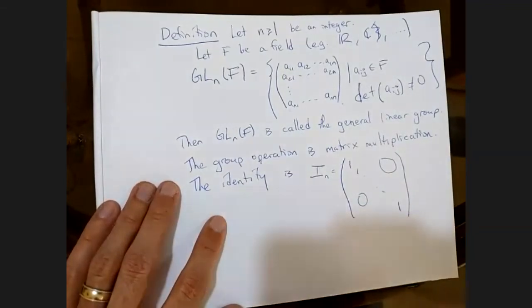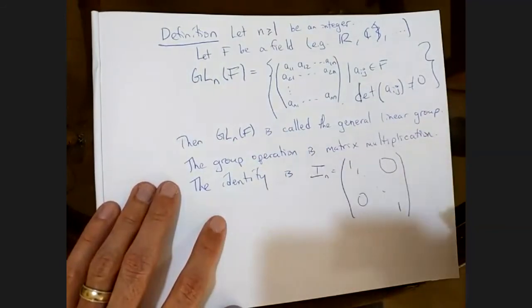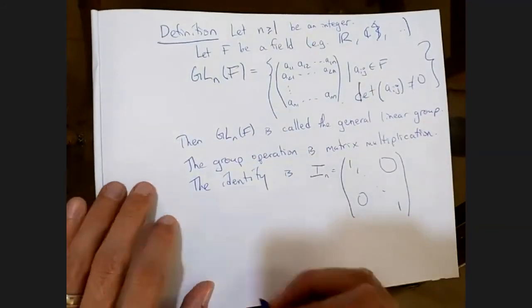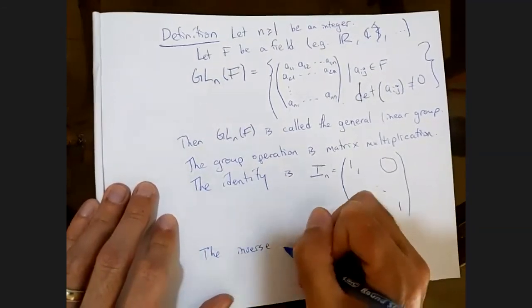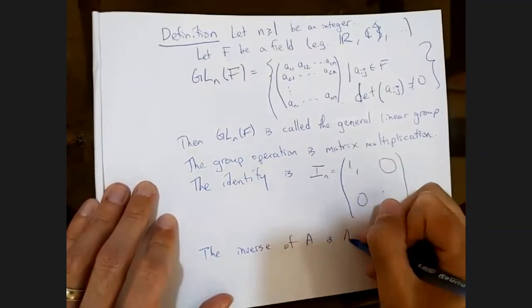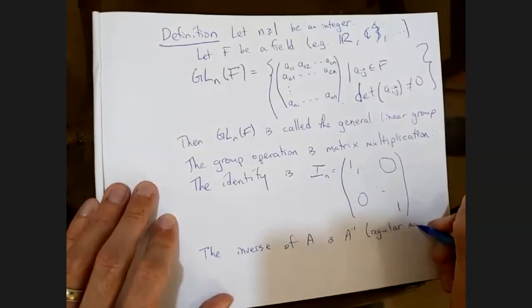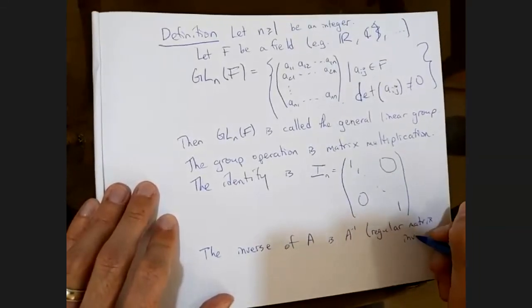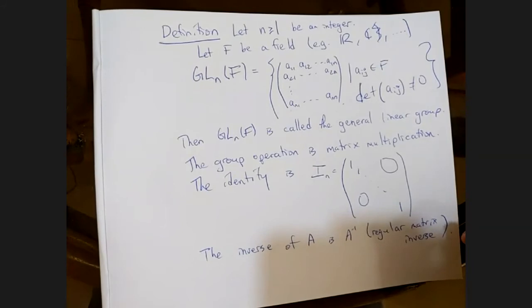And the inverse of an element is just the inverse of the matrix, like how it normally is. The inverse of A is just A inverse, the regular matrix inverse. So it turns out part of linear algebra is also group theory.